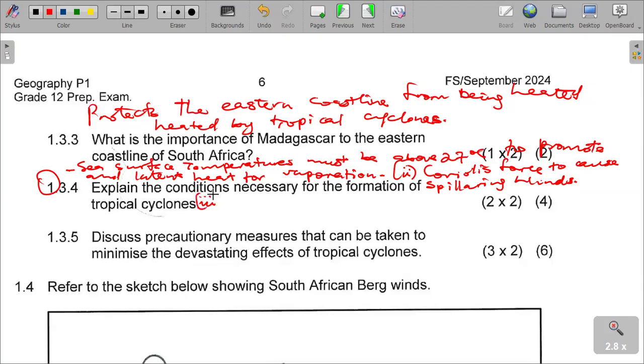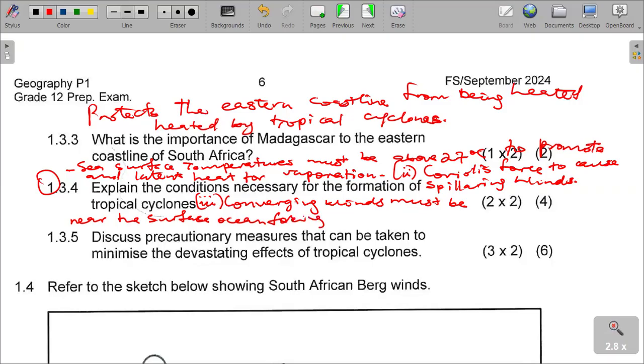Number 3, converging winds must be near the surface ocean, forcing air to rise and form clouds.